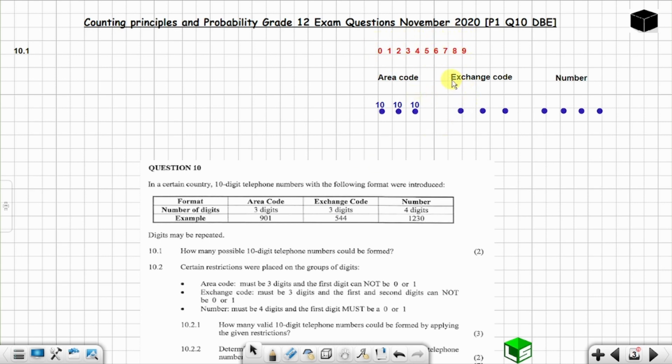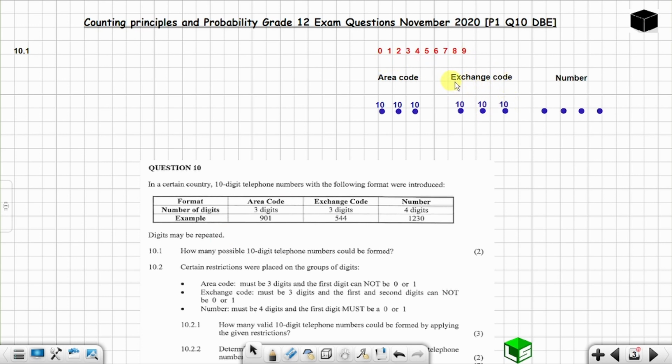Now let's form the exchange code. For the exchange code, you need 3 digits. You are going to choose from the 10 digits. For the first digit for the exchange code, you have 10 options. The second digit, you still have 10 options because digits may be repeated. And for the third one, you have 10 options.